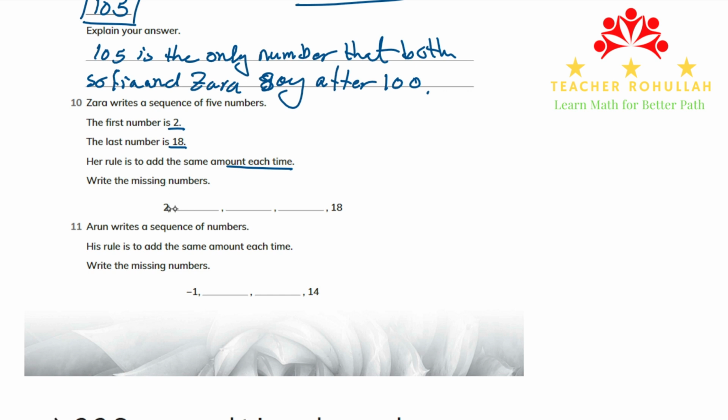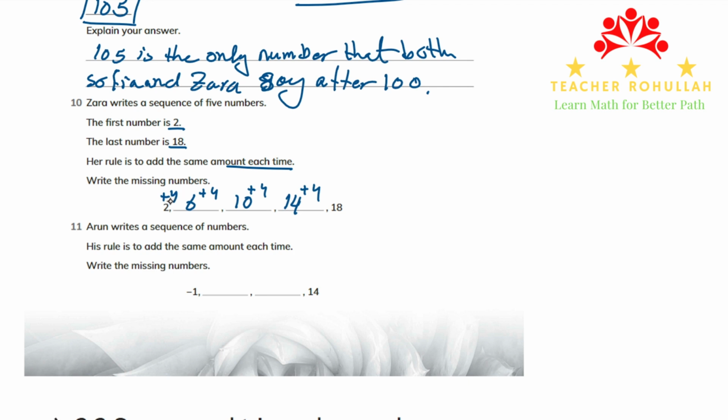If we add 4 to 2, we will get 6, then we will get 10, then we will get 14, and then we will get 18. That's good. So the number that we can add is 4. 2 plus 4 is 6. 6 plus 4 is 10. 10 plus 4 is 14, and 14 plus 4 is 18.